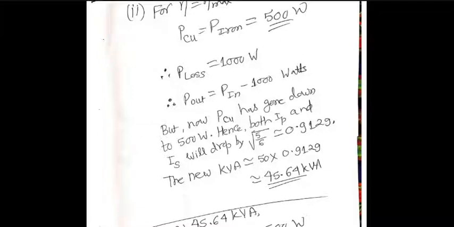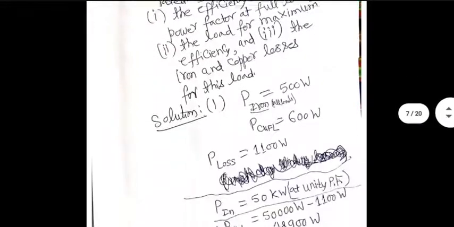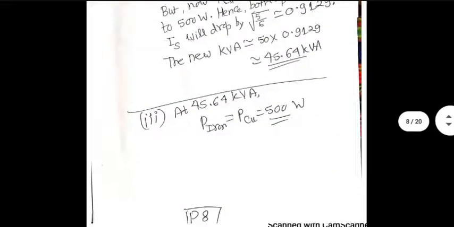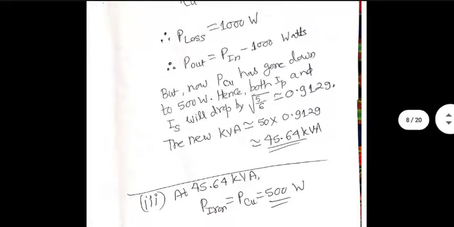So the new kVA will be the original kVA, which is 50, multiplied by this correction factor. Voltages don't change. It is the current that matters when it comes to load.